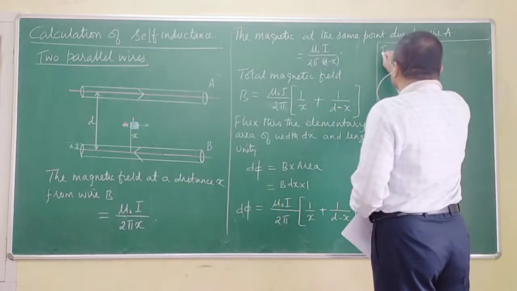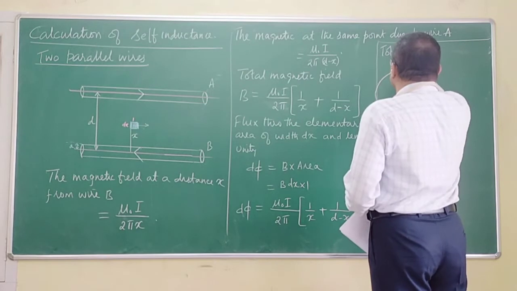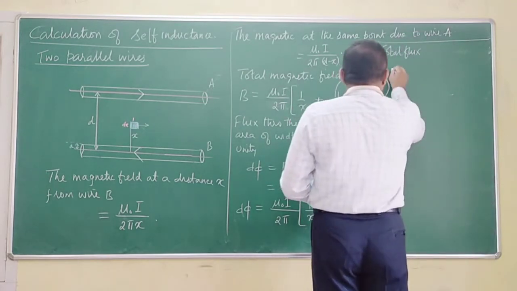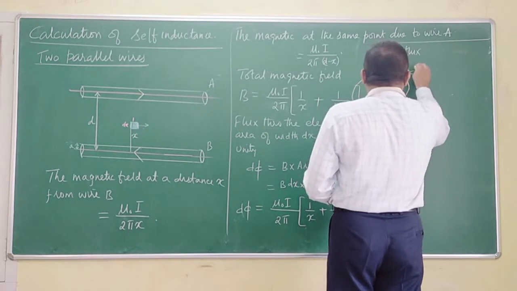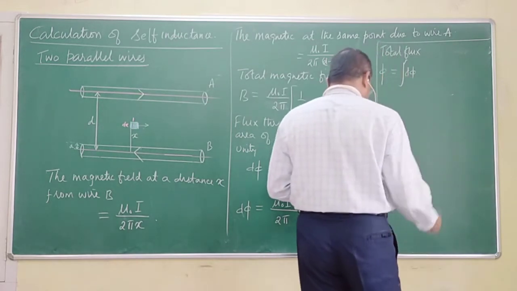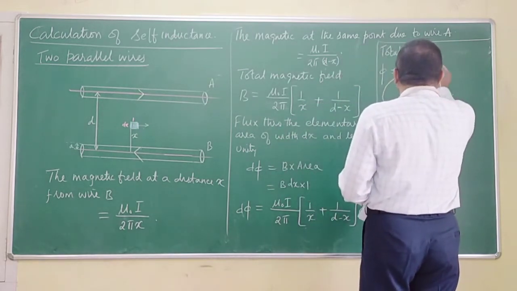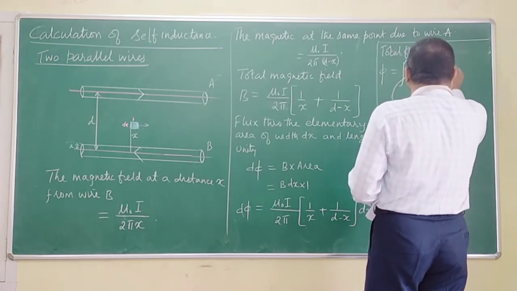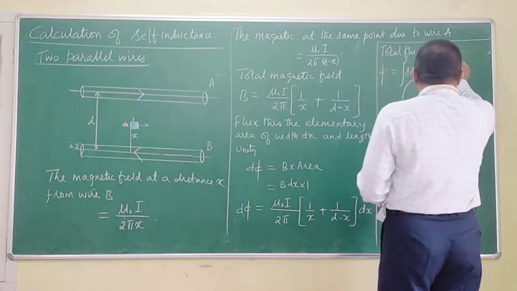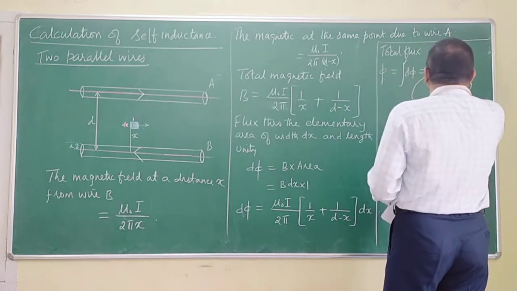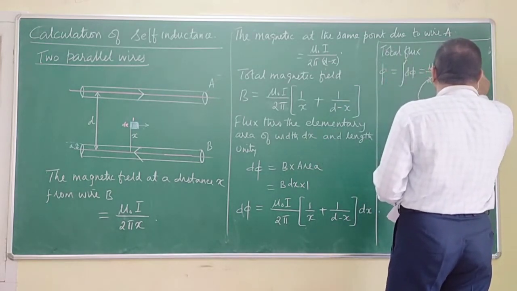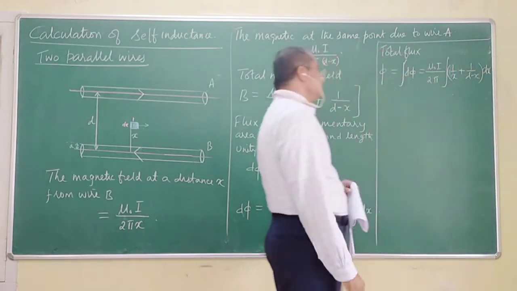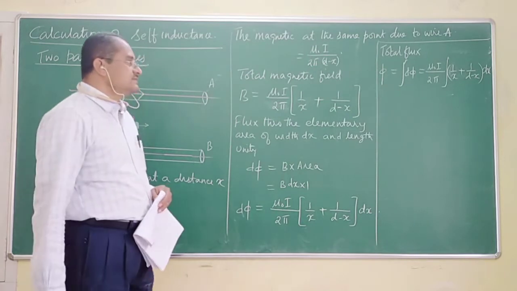Therefore, total flux phi is equal to integral of d phi. This is equal to mu naught I by 2 pi integral of (1 by x plus 1 by d minus x) dx. Is that okay to you, sir?